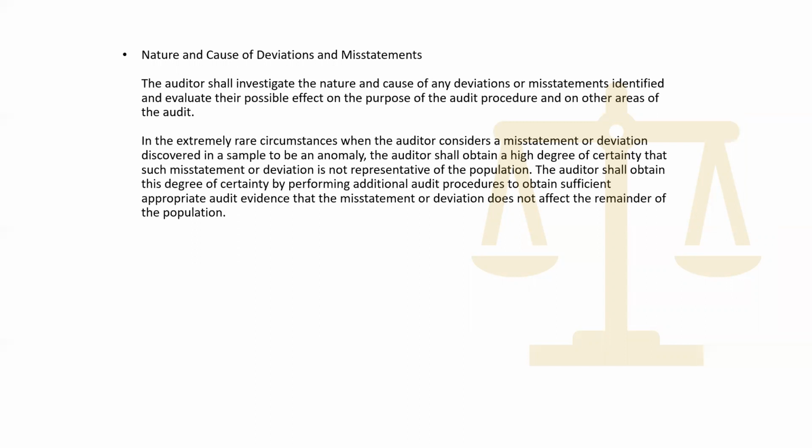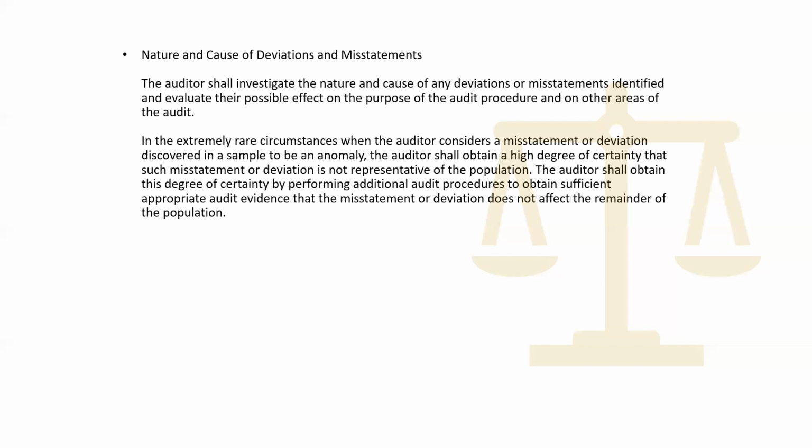The reason why we need to do that is because we need to assess what is the potential or possible impact that this deviation has on all the other items that I have not selected for testing. So you need to evaluate whether this is a standalone issue, is it an anomaly, or can you say that this is an issue that exists in the rest of your population?